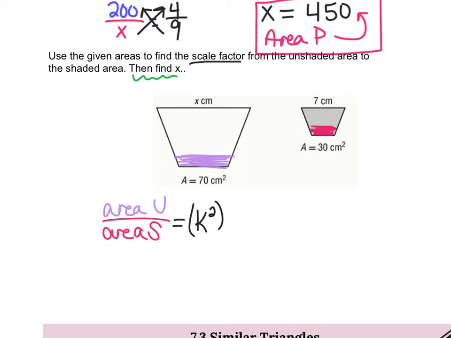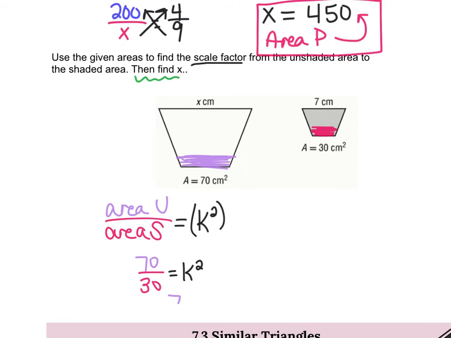In order to solve this, we're going to plug in our area values first. 70 over 30 equals k squared. We can simplify 70 over 30 to 7 over 3. Set that equal to k squared, or our scale factor squared.